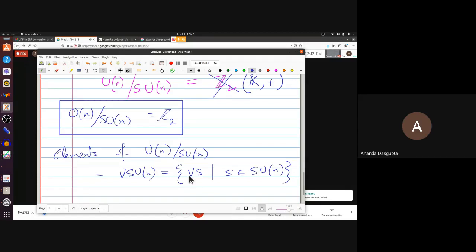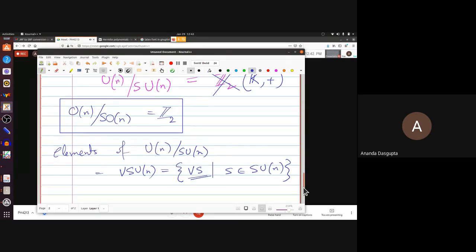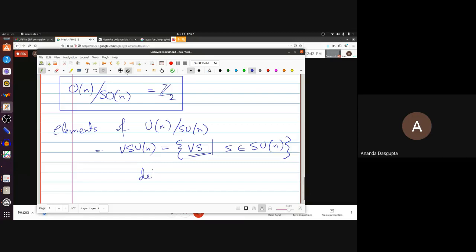There has to be some property every element shares. You might even say the property is as trivial as they belong to this particular coset. However, in this case, there's a simpler property. Any matrix VS has one property in common, which is the determinant.